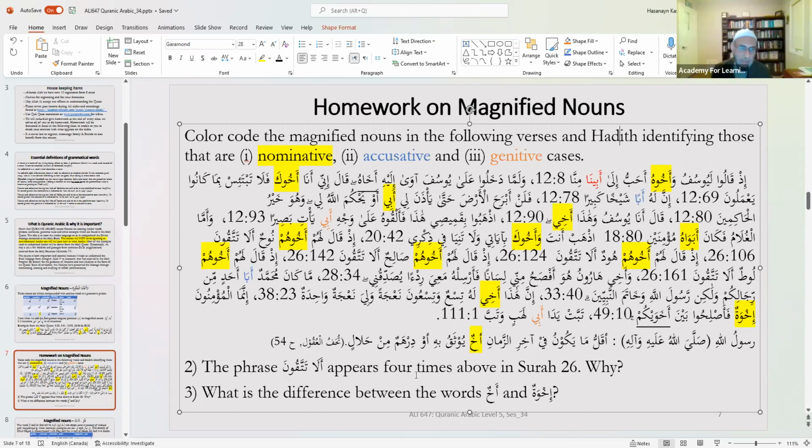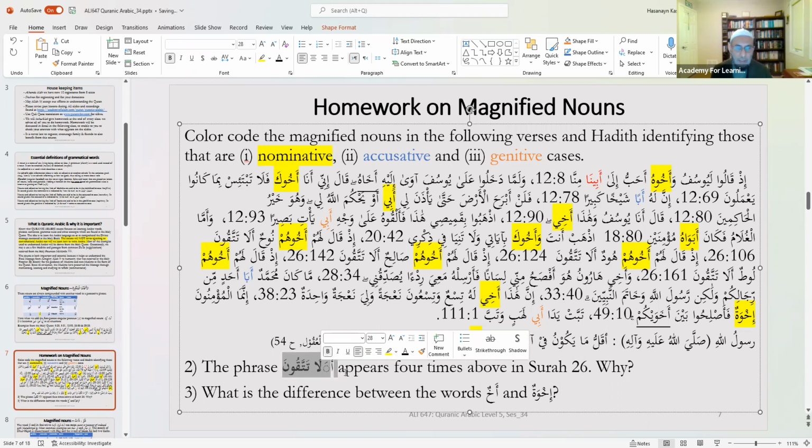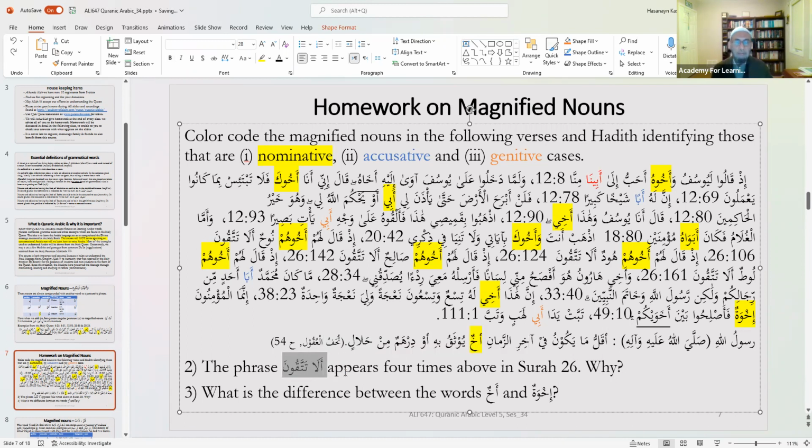Okay, but why this phrase Allah tattaqun? What does it tell you? Why does this phrase appear again and again, beside every prophet's name? Hud, Saleh, Lut, right?